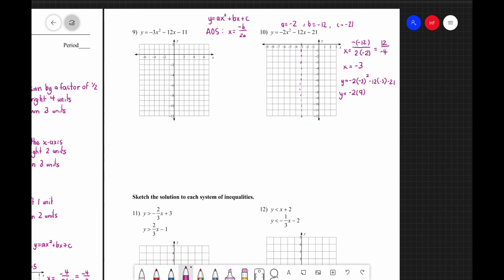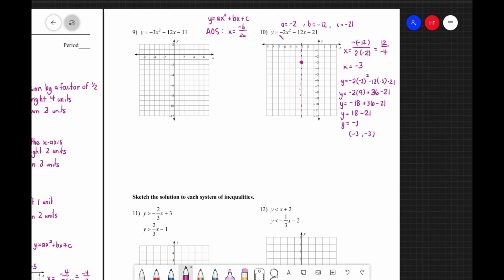So -3 times -3 gives me a +9, plus 36 minus 21. Y equals negative 18 plus 36 minus 21. Y equals 18 minus 21. Y equals negative 3. So I would have a point at negative 3, negative 3. So here is my vertex.